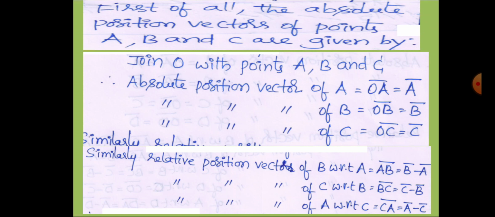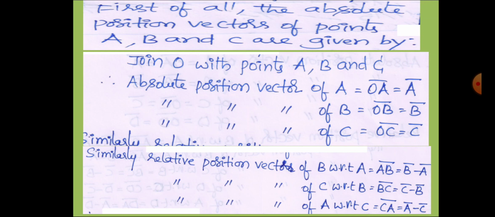Then find the relative position vector of point B with respect to A, that is nothing but AB bar, which can be written as B bar minus A bar. BC bar is C bar minus B bar. CA bar is A bar minus C bar. Like that, from the figure we can write the relative position vectors. Now look, there will be a difference between the two vectors.